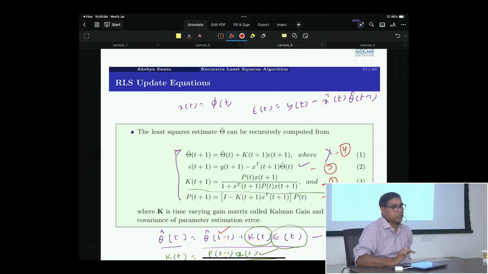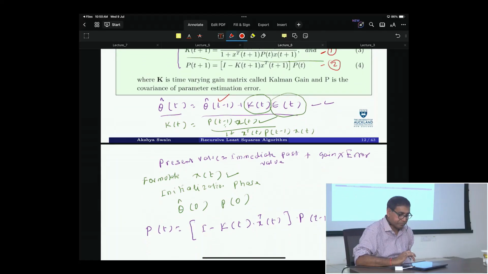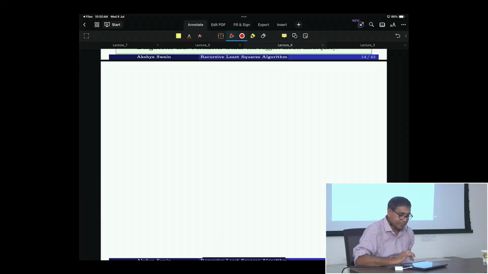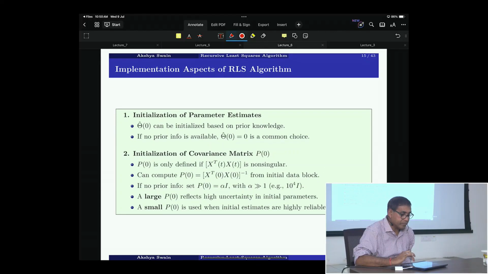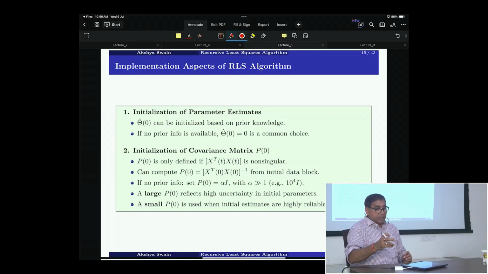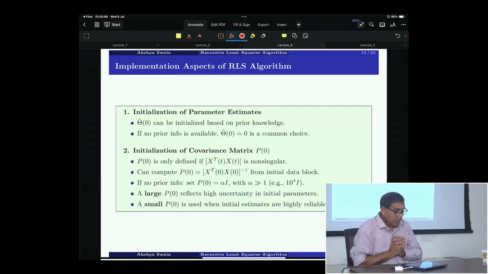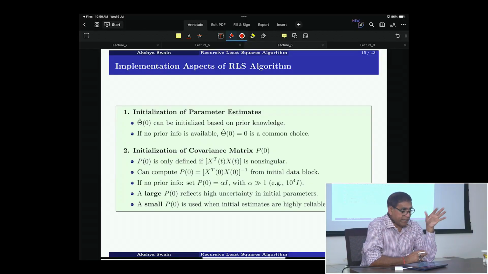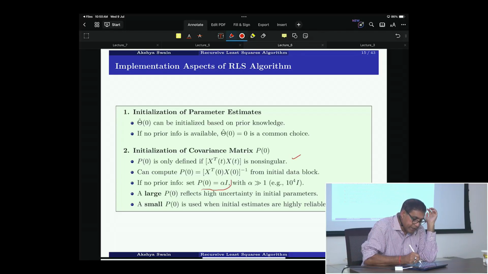Okay, recursive computation. Initialization: you should initialize the parameters. What is the initial value of theta? And P is called the covariance matrix. I am not entering into that. This P should be a little high value.